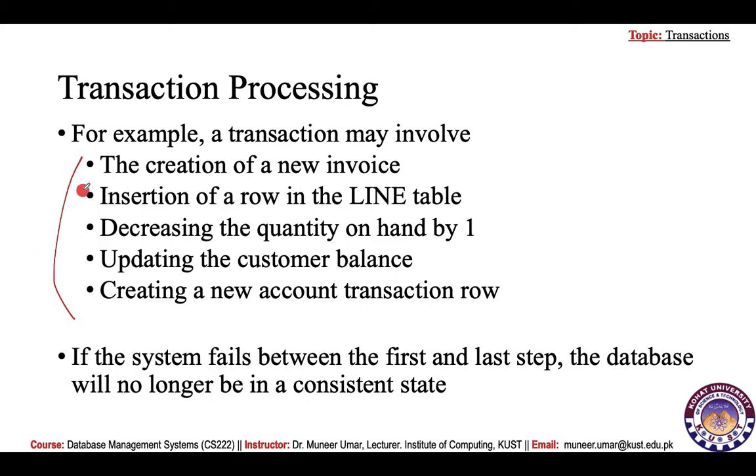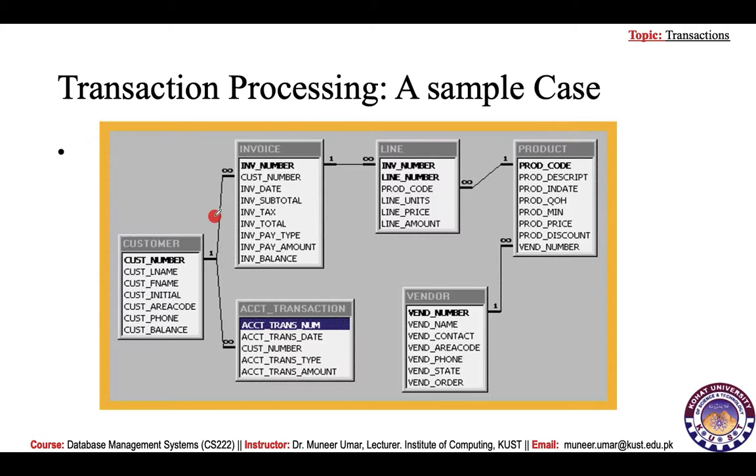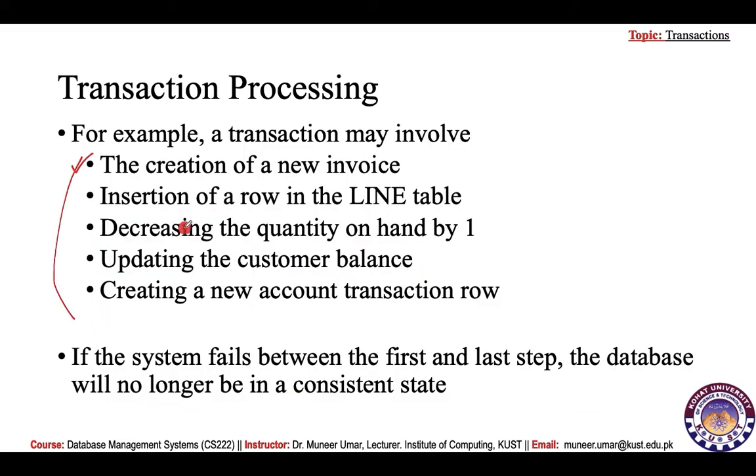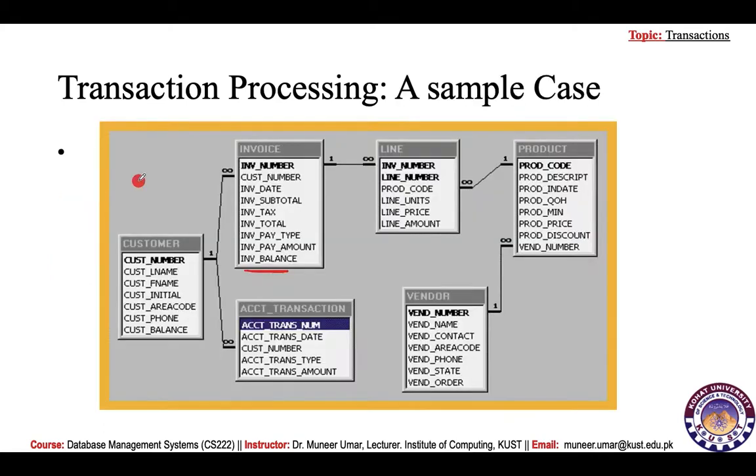The first step is to create a new invoice. Here I'm going to create a new invoice. Let's say we create something here. And then the second thing is to insert a row in the line table. So here we have the line table and we insert a row here.